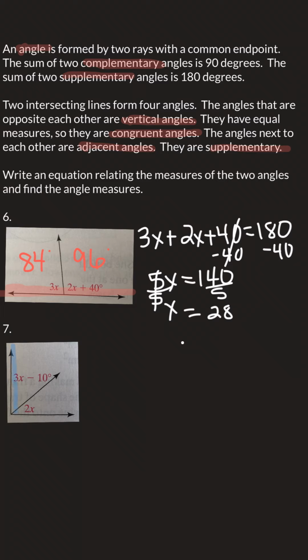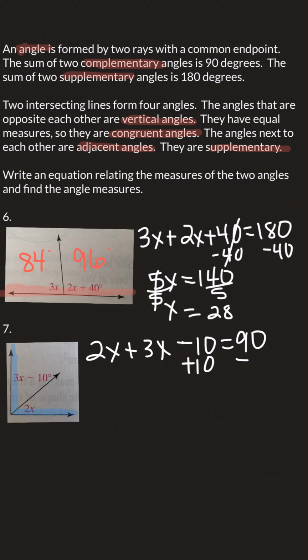This next one we are looking at complementary angles. They equal 90 degrees. So we have the equation 2x plus 3x minus 10 equals 90. Get 10 over onto the other side. We're going to add 10 to each side.